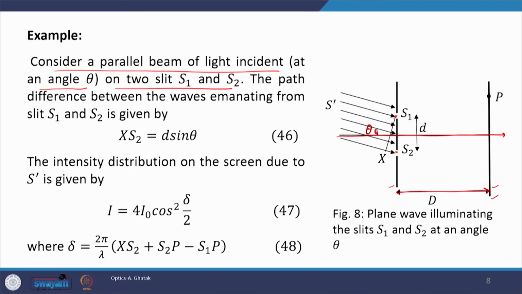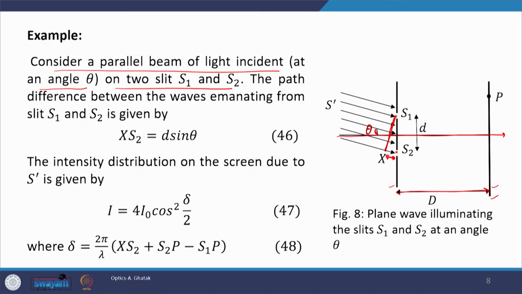We draw a perpendicular from S1 to the ray which is falling on S2. The length xS2 is the extra path which the light travels. The light falling at S2 travels an extra path of xS2 compared to the light falling at S1.